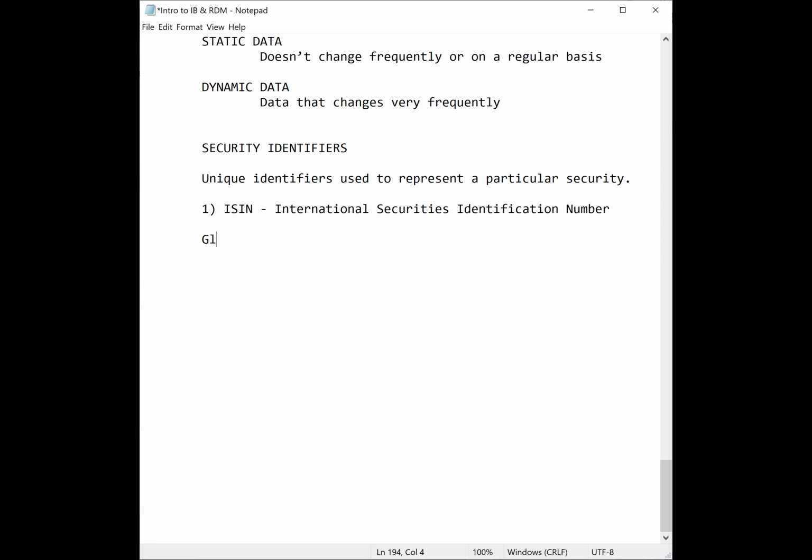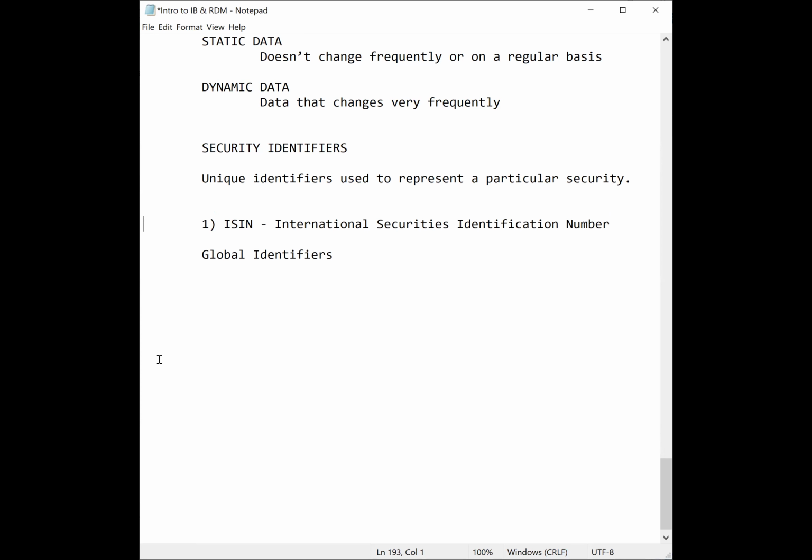So these are global identifiers. What do we mean by global identifiers? Security identifiers can be local or global. Global identifiers are used for cross-border transactions, to identify securities worldwide. For example, the ISIN code is used worldwide to identify securities.